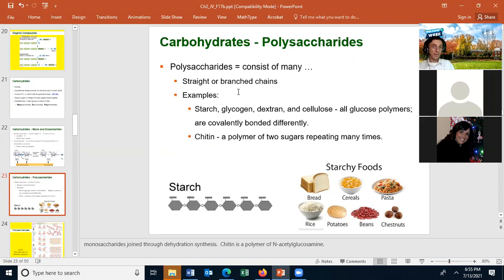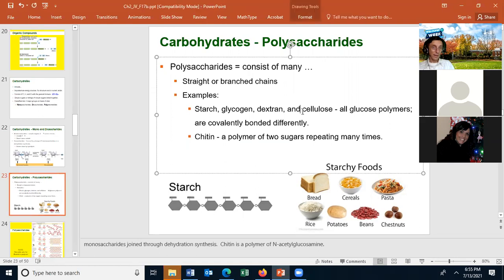Some other examples of polysaccharides include glycogen, which is similar to starch, but it's found in animal cells, especially animal livers, dextran, and then cellulose. When we're talking about grass, the main structure in grass is the molecule cellulose, and all it is is a polysaccharide of glucose.